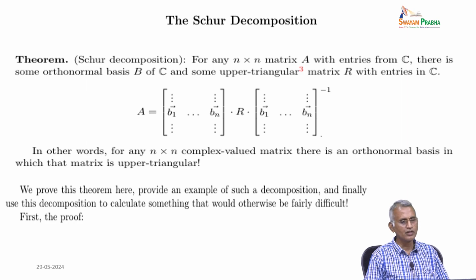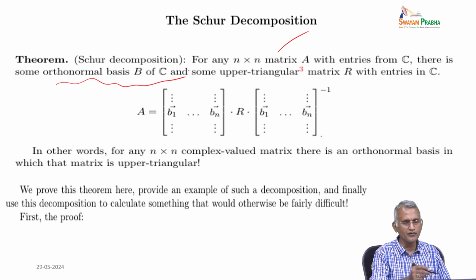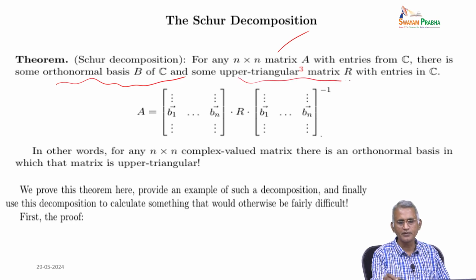Now, we go to the depth of the Schur decomposition. The theorem: the Schur decomposition for any N cross N matrix A with entries from C says there is some orthonormal basis B of C^n and an upper triangular matrix R such that A equal to B1 B2 and so on Bn, times R, times B1 B2 Bn inverse.